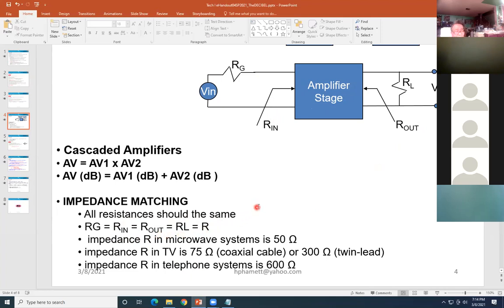That means for maximum power, the resistance must be matching, okay? Impedance in a microwave system is 50 ohm. Impedance in TV is 75 ohm or 300 ohm, depending. Impedance in a telephone system is 600 ohm, okay?